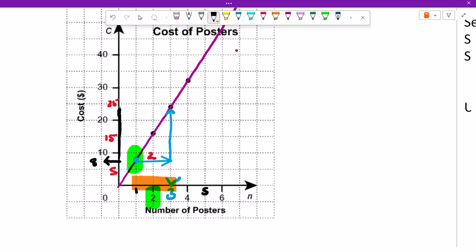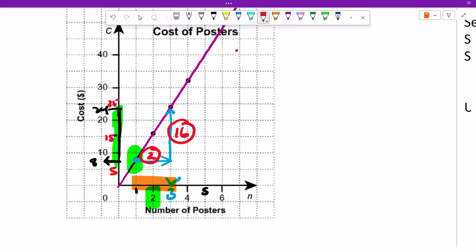So how far is this distance? What's the distance between 8 and 24? 16. Or you go 24 minus 8 is 16. So these are the 2 numbers you're going to use in our next sentence. You start by talking about this one first. You go, every 2 posters will cost you $16.